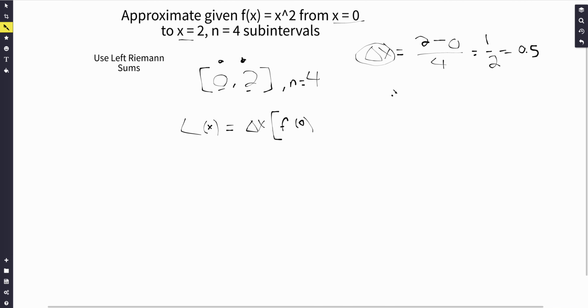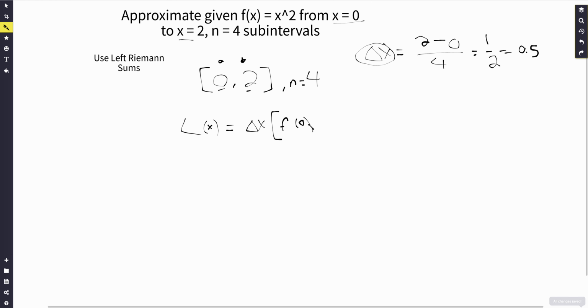That would be, if we drew a graph of x squared, it'd be like that. f of 0, we want to find 0, so let's say this is 2. So this would be 0 because we're starting from the left. So if we created a rectangle, it'd be this left side. I'm just making the rectangle bigger to make it clear.